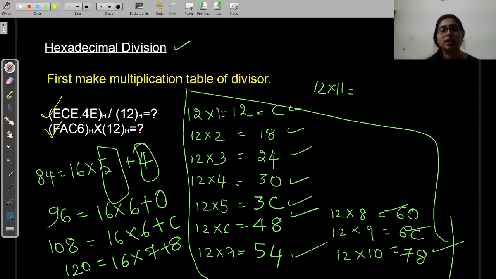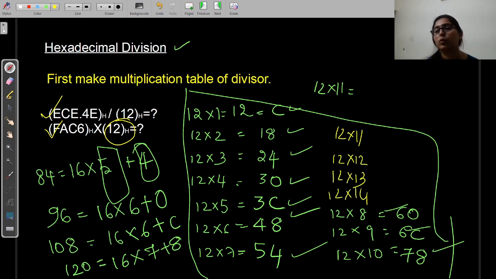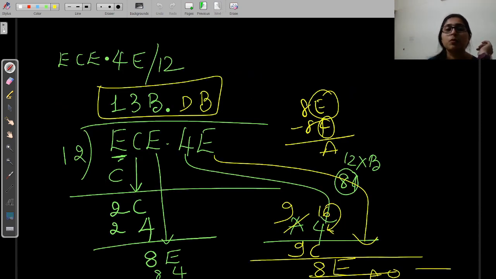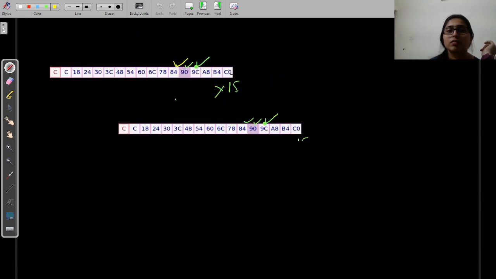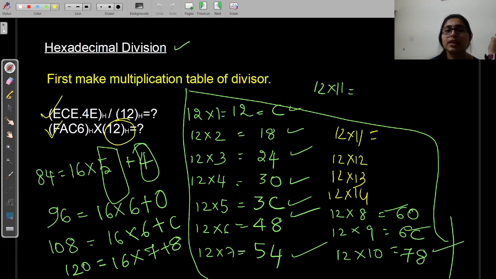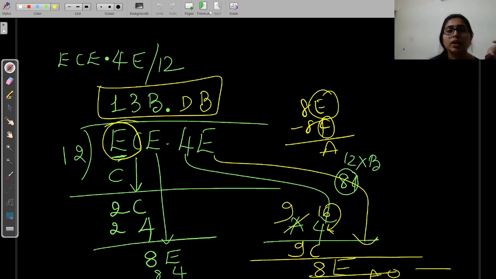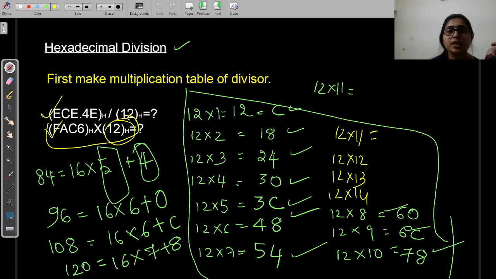So similarly you can consider this. Because I have given the 12 only, complete this table: 12 into 11, 12, 12, 12, 13, 12, 14, 12, 15. Then see which is near to this. Suppose you have FACE divided by 12. First you can directly go for C, because C is less than E, so start with 1.